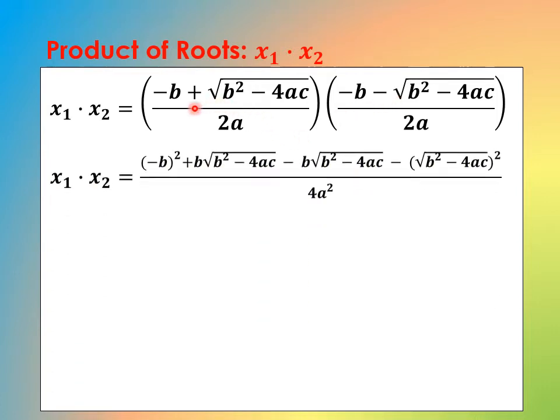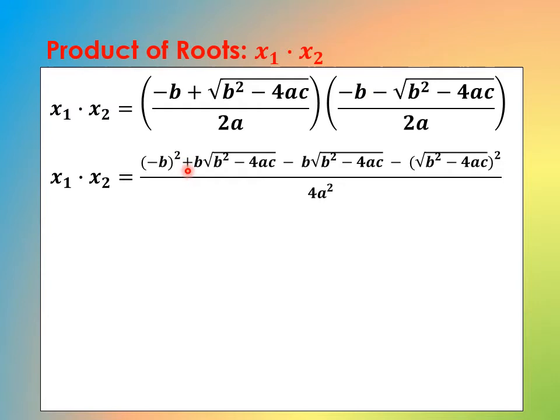Okay. So, let's start. So, negative b times negative b as our first terms, that is equal to the quantity of negative b squared. Okay? Now, outer terms naman. Negative b times negative square root of b squared minus 4ac, that is equal to plus b square root of b squared minus 4ac. Bakit naging plus dito? Kasi, negative times negative, that is equal to positive.